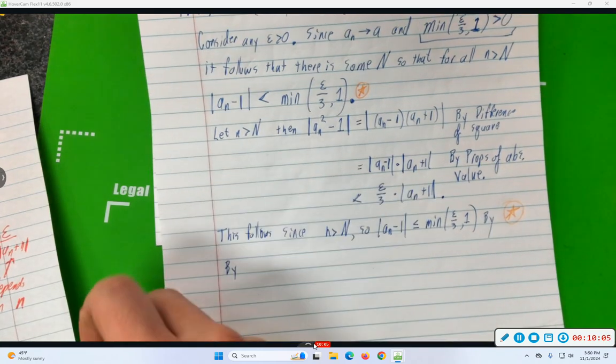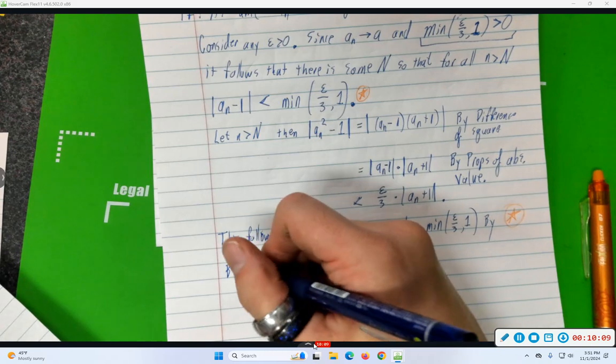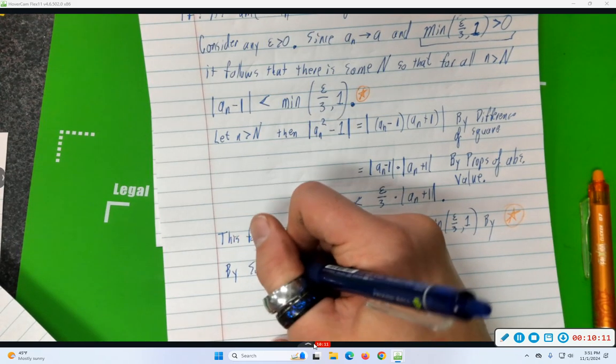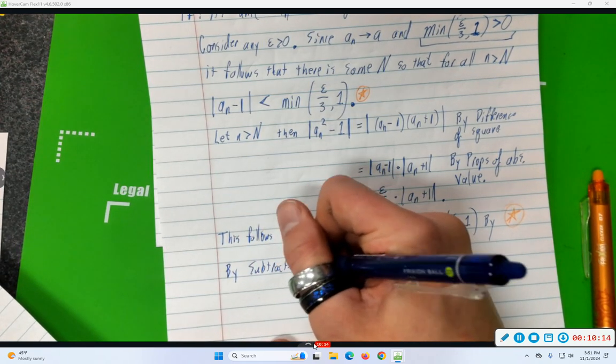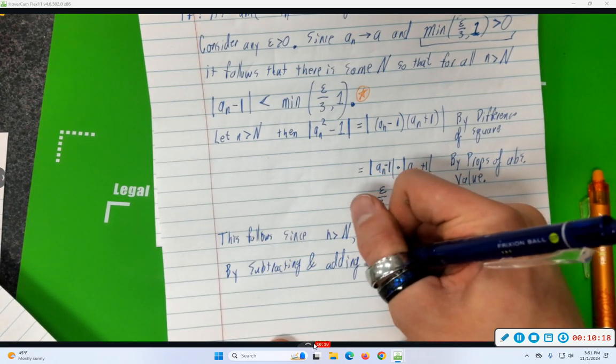By adding and subtracting 1, what do we get?